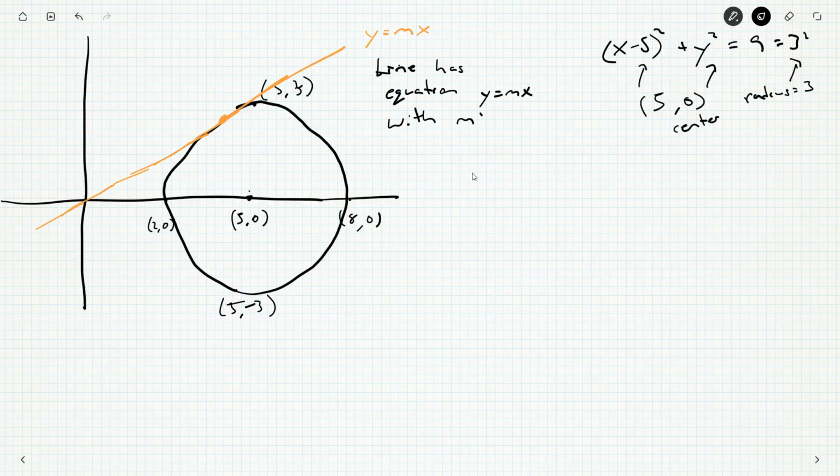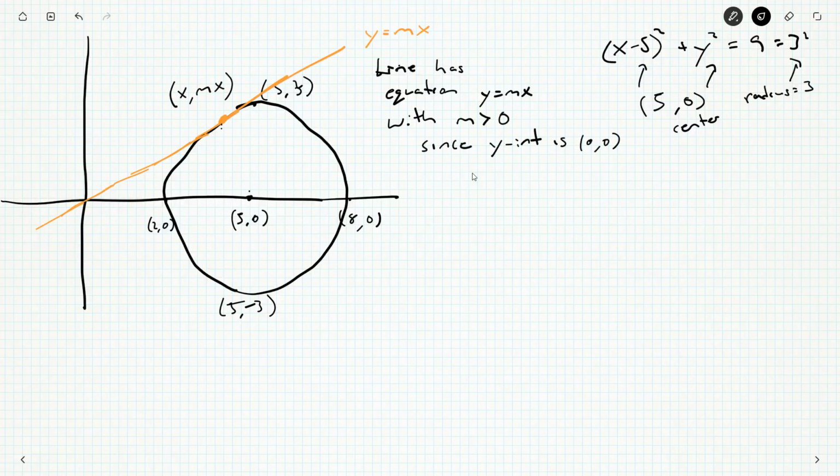And they were telling us that m is positive. So we get no y-intercept, because the y-intercept is at 0, 0. Okay? And this is actually pretty nice, because what does it tell us? Well, we don't know the point of tangency. It's at some point.